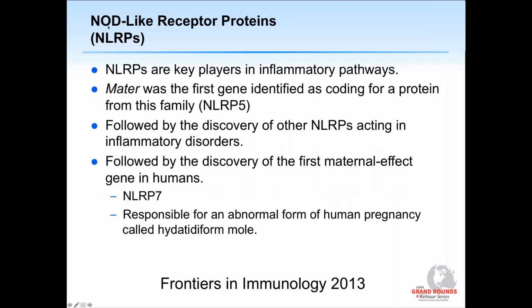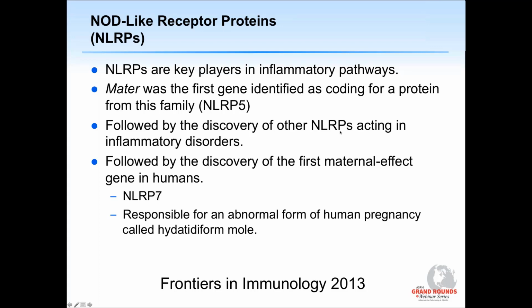And it's also a member of the NLRP family, NOD-like receptor proteins. NLRPs are key players in inflammatory pathways. Mater was the first gene identified as coding for a protein from this family, NLRP5. It was the first one to be identified, but it wasn't found to be a member of this family until 4 others had been identified, so it got number 5.